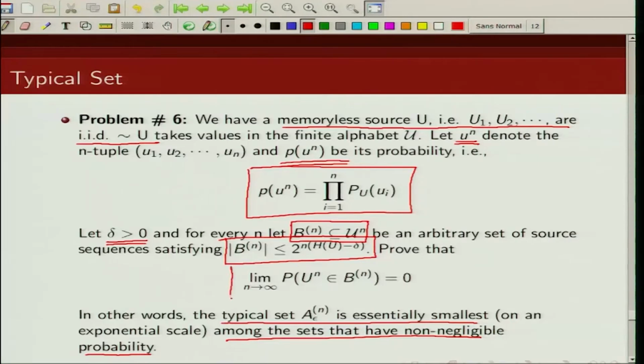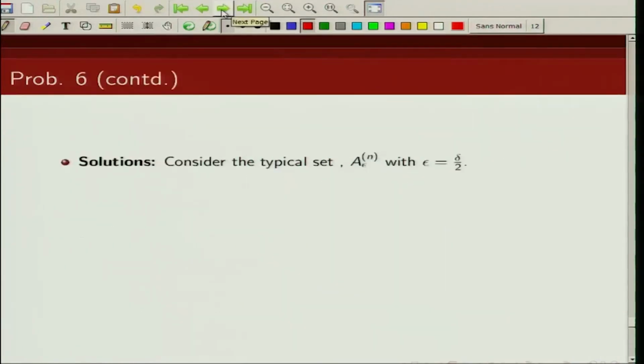Then we want to show that as n tends to infinity, the probability that un is in Bn goes to 0, which essentially will show that the typical set is essentially the smallest set which will have non-negligible probability of occurrence asymptotically, when n goes to infinity. So let us prove this.